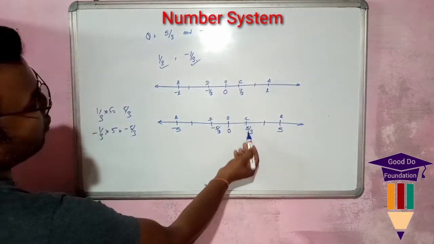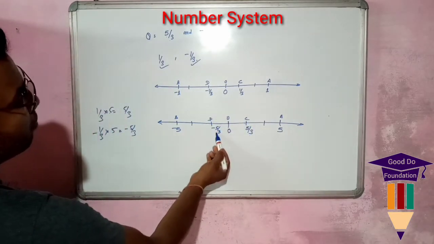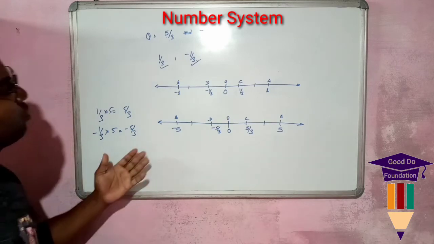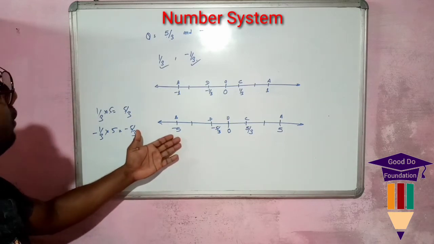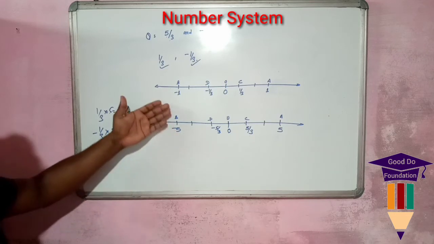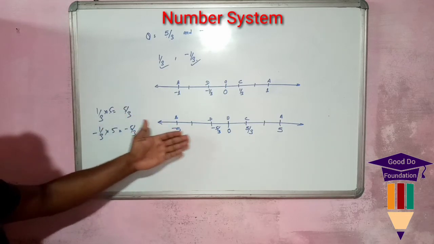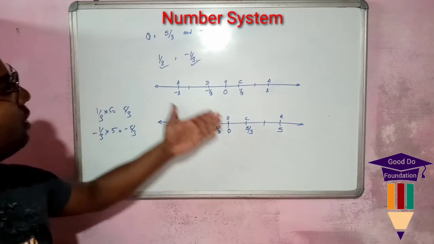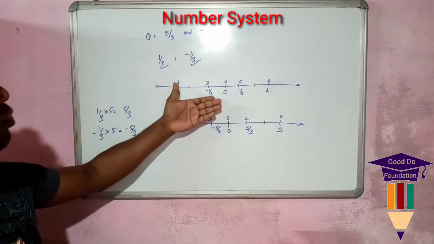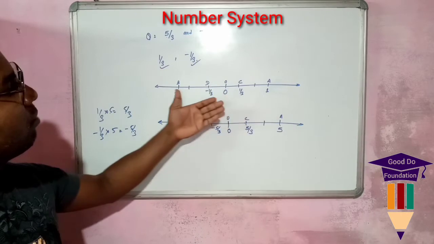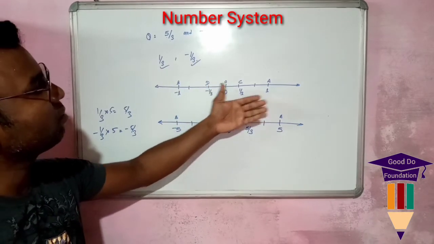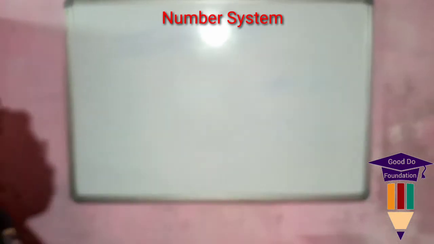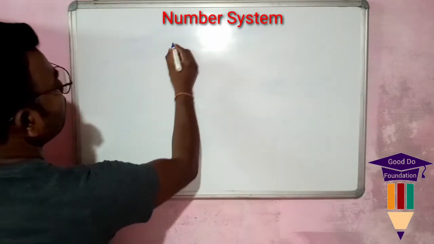So position C will be 5/3, position D will be -5/3. So any number which you want to represent on a number line, the logic behind how you are getting -5/3 and 5/3 here is similar to how you find the number -1/3 and 1/3 on the number line. So don't get confused.